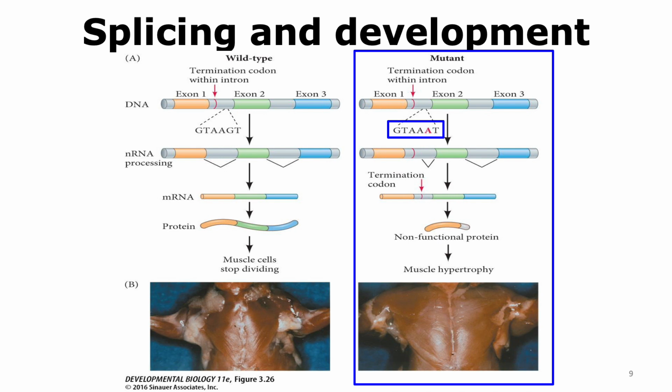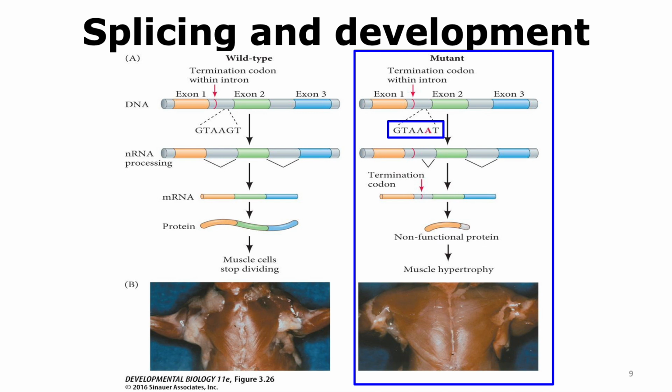And since it has the termination codon right in the region between exon 1 and exon 2, and it is present in the messenger RNA, the protein that is made is basically a truncated protein that does not have a function.